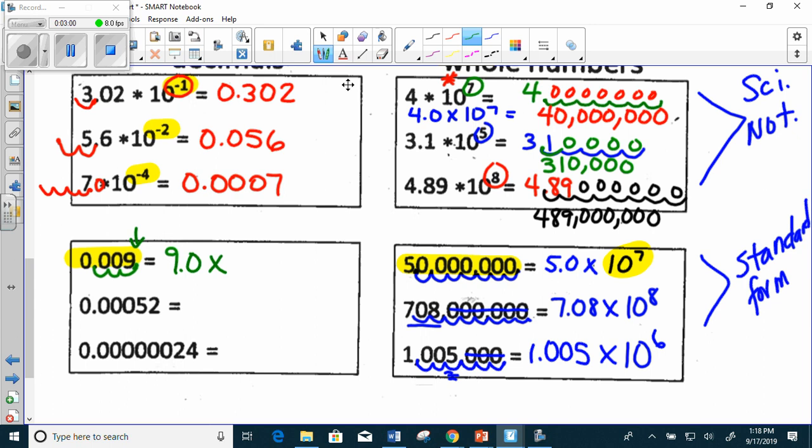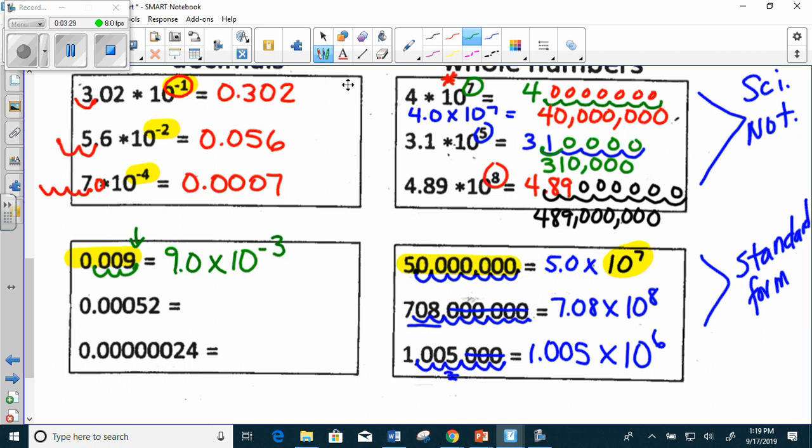We know that you're multiplying it by a power of 10, but I moved the decimal 3 places to the right. If I put a positive power of 10, that makes that number even bigger. That's not what we're doing. Remember, it is 9 tenths, hundredths, thousandths, so it's 9 thousandths. So the answer would be 9.0 times 10 to the negative 3, okay?